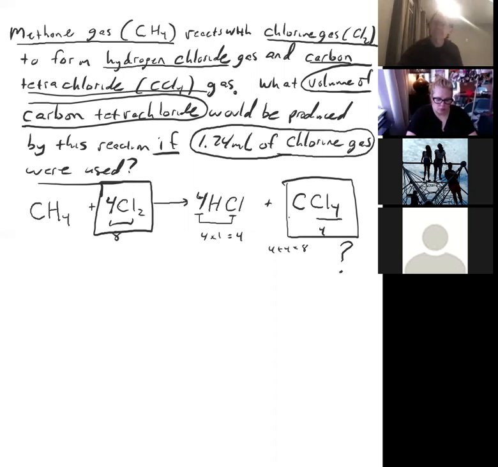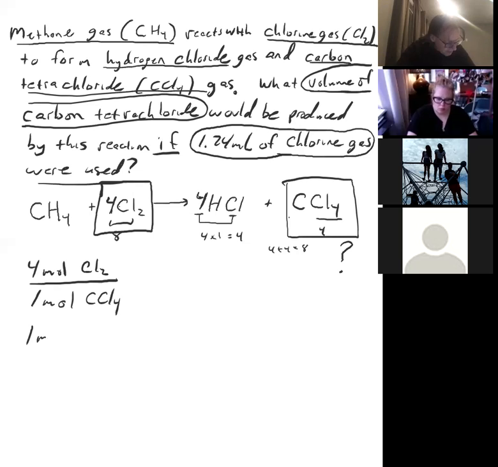So what you can do is you can set up a proportionality. What you do is you say the following. It's 4 moles of chlorine for every 1 mole of carbon tetrachloride, right? That's from the balanced equation. Or you could write it equally.